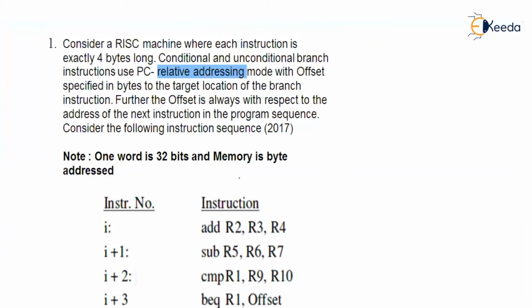So the program counter value is added to the address in the instruction. The effective address is equal to program counter plus address in the instruction.